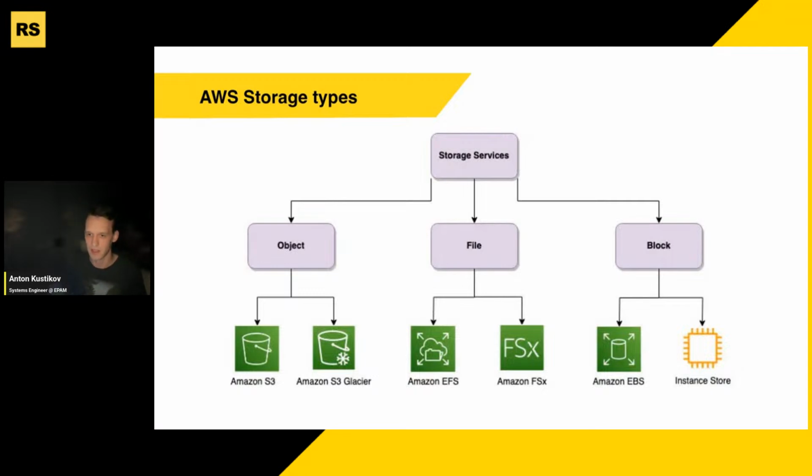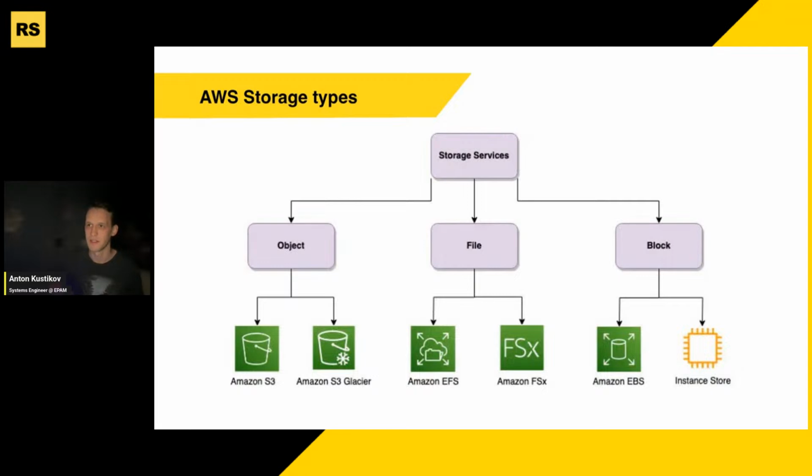And next, I think on the next slide, we will take a look at the rest of the S3 buckets. But now let's go to the file storages. If we're talking about the file storages, you can think about them like an NFS share.